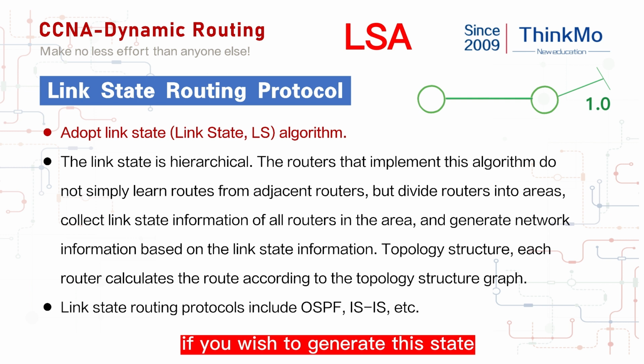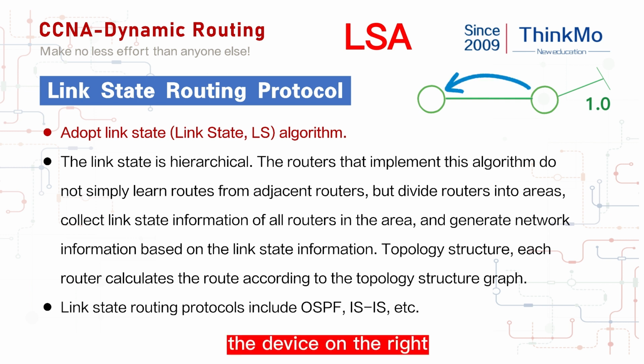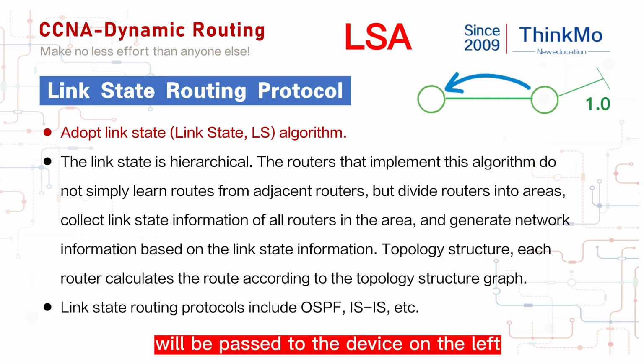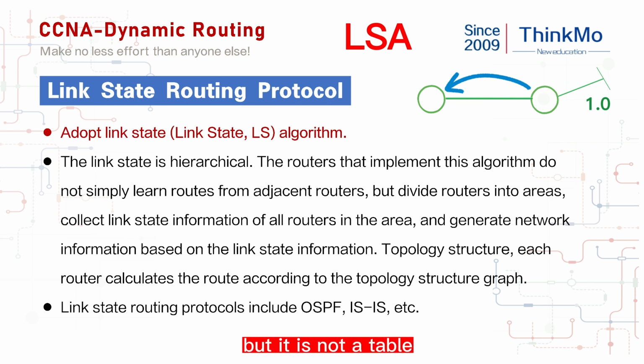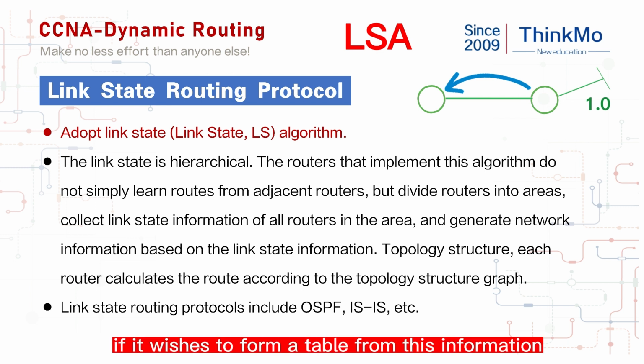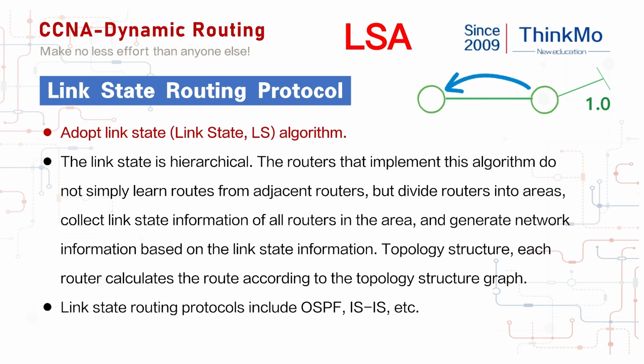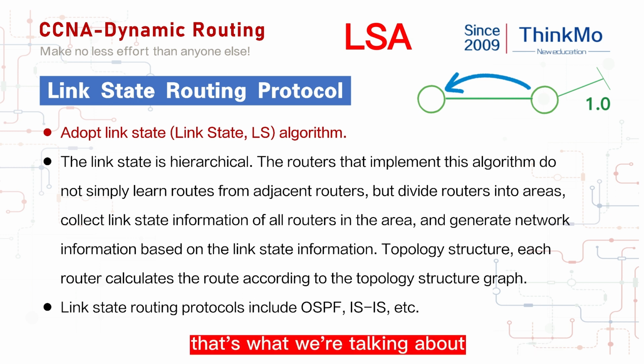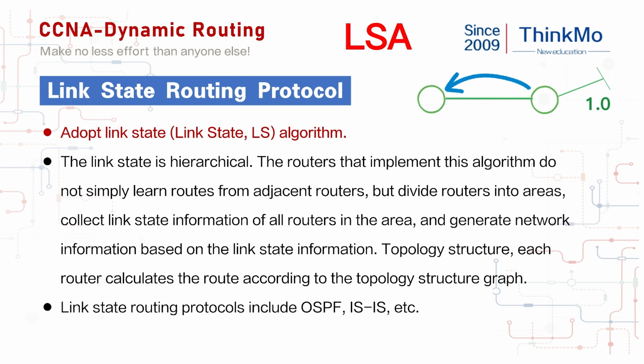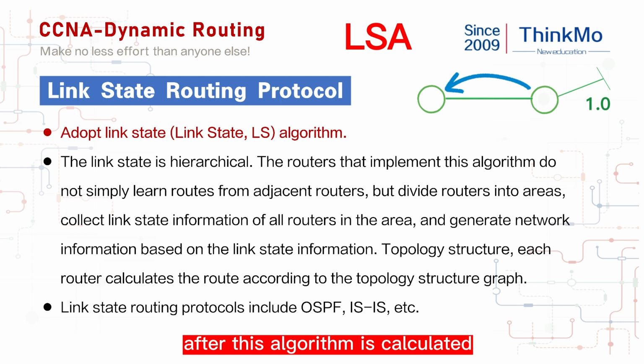The device on the right will pass it to the device on the left. But it is not a table. After it receives this information, if it wishes to form a table from this information, it needs to go through the calculation of the SPF algorithm in OSPF. That's what we're talking about, an algorithm of shortest path first. After this algorithm is calculated, it forms a table locally.